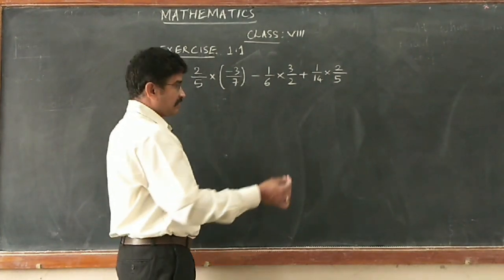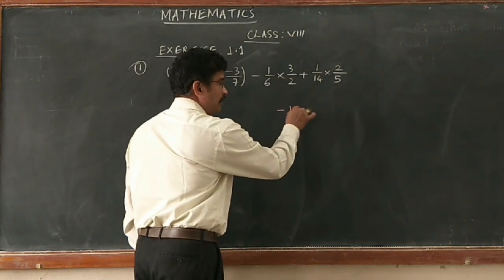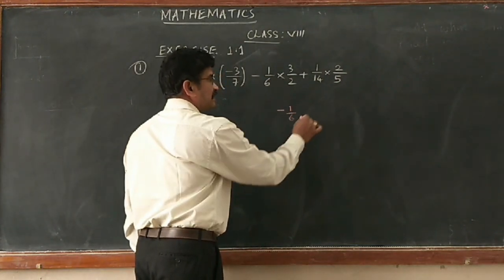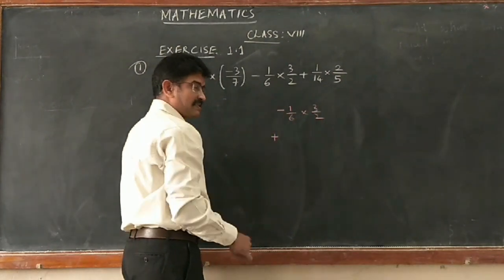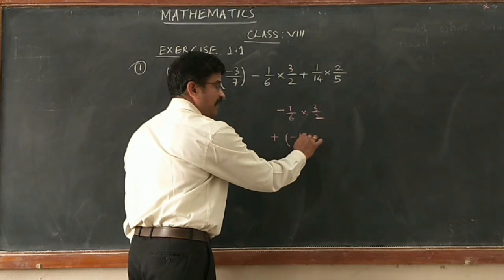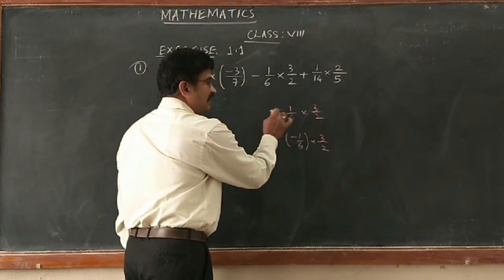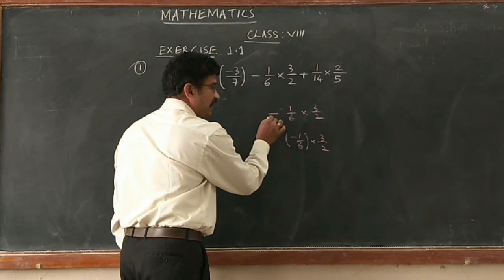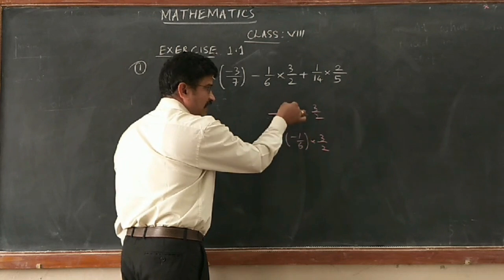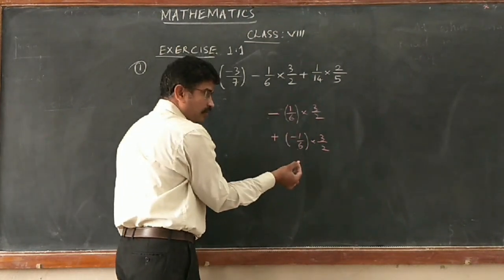If you observe this, I can convert minus 1 by 6 into 3 by 2 as plus of minus 1 by 6 into 3 by 2. Here this subtraction can be taken to the rational number 1 by 6 and made negative.